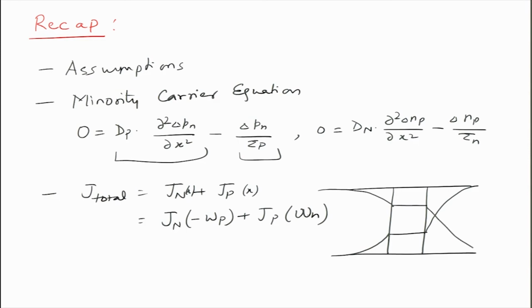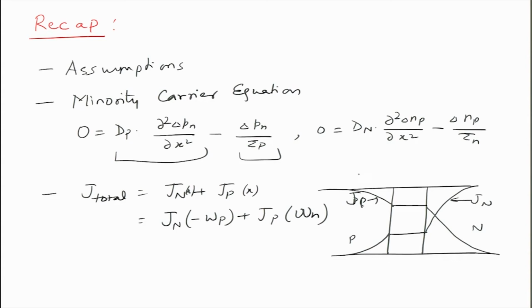So this is the p side, this is the n side, this would be the hole current Jp, and this would be the electron current Jn.